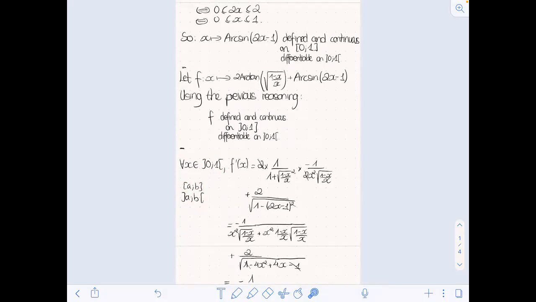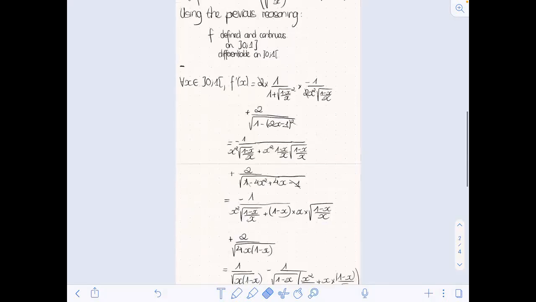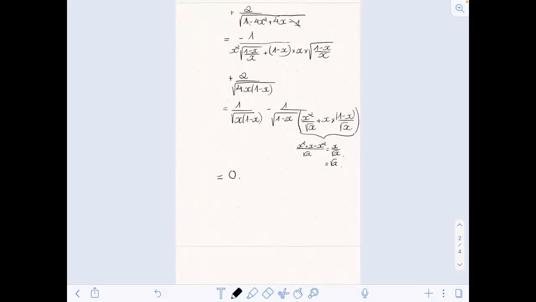In this particular case, we have to exclude A for definition and continuity, but we still have the implication that derivative equal to 0 here means that the function is constant on the slightly bigger interval where the function is defined and continuous. So what we deduce here is that f is constant on 0 excluded, 1 included.